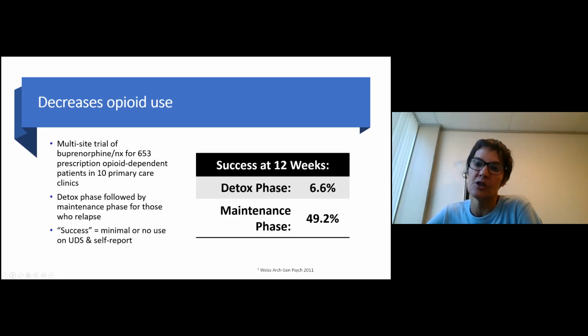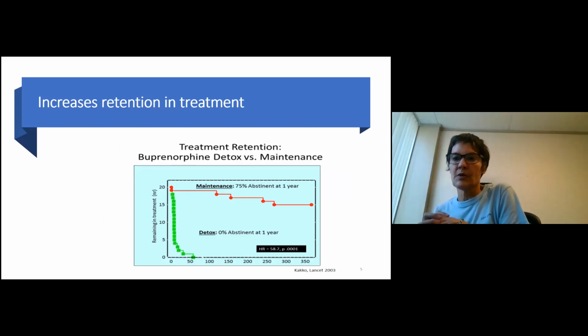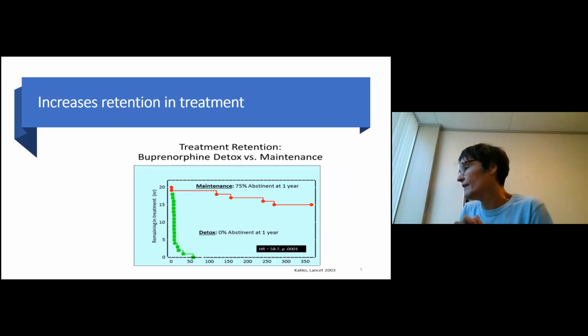So it was very effective, with success being minimal or no use. So it decreases opioid use, period. It also increases retention in treatment. Again, this is a trial looking at people who were put on bup to get off heroin or prescribed opioids that they weren't using correctly, or they were kept on it. The green line are people who were detoxed using buprenorphine, and basically 0% remained in treatment by the end of the trial.